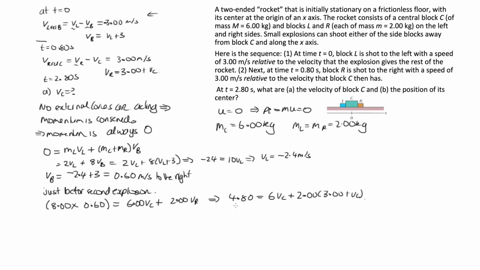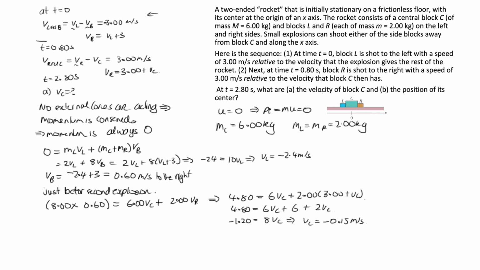And so we've got 4.8 is equal to 6 VC plus 6 plus 2 VC. And so we've got 4.8 minus 6, which is equal to minus 1.2, is equal to 8 times VC, which tells us that VC is equal to minus 0.15 meters per second.